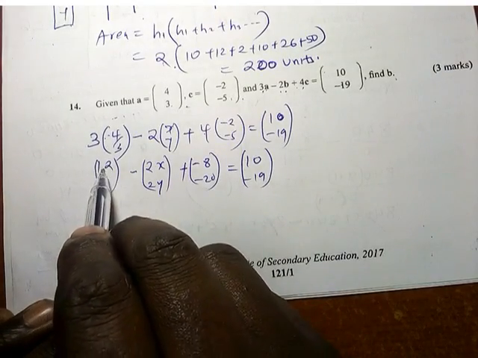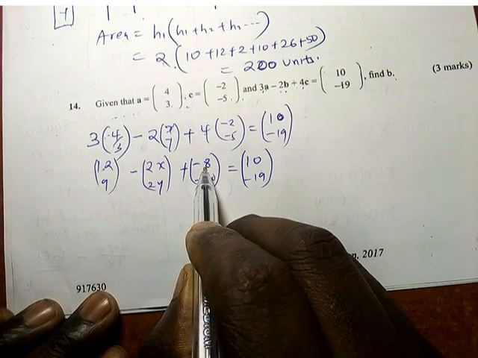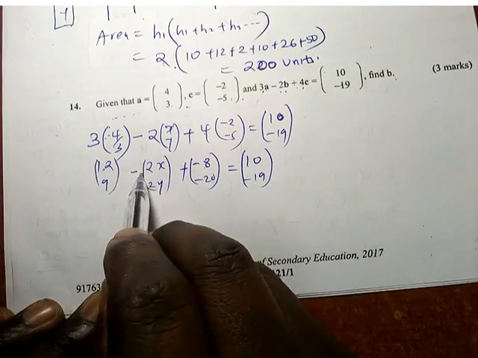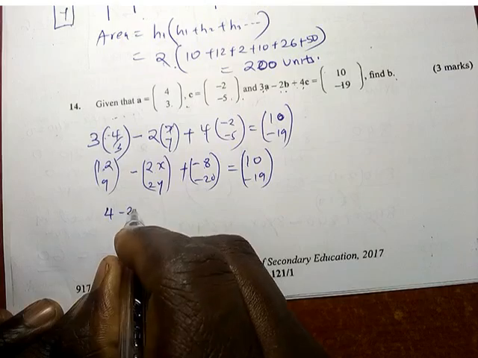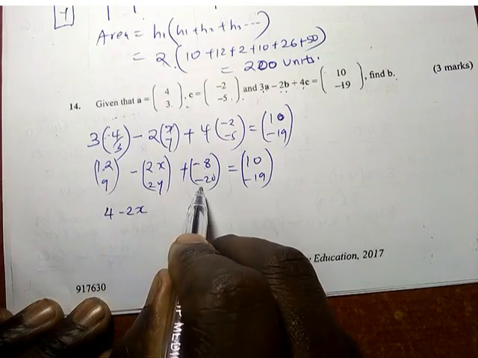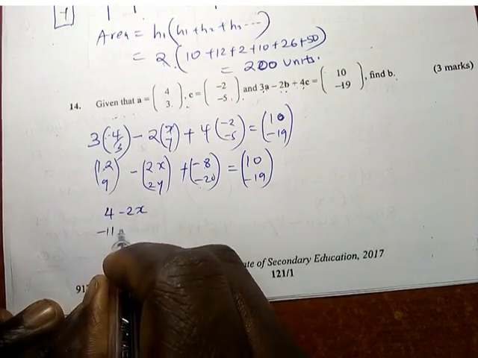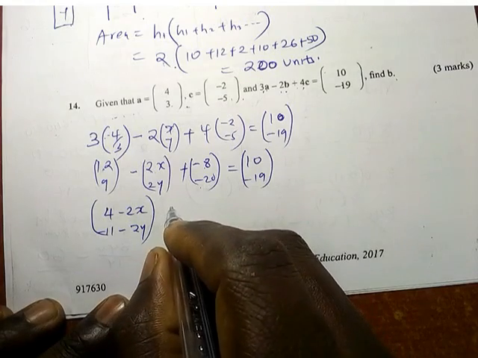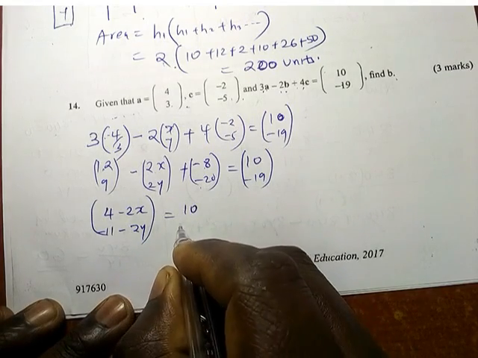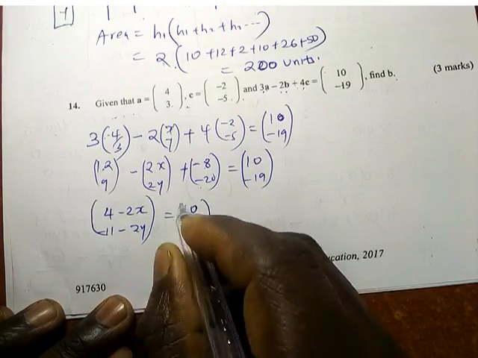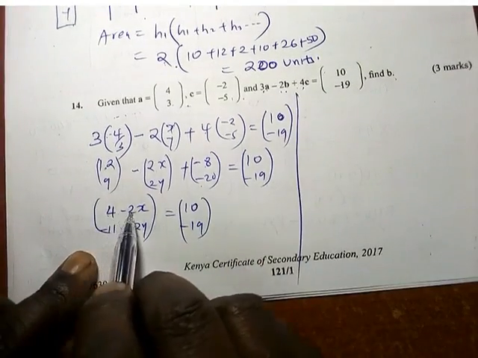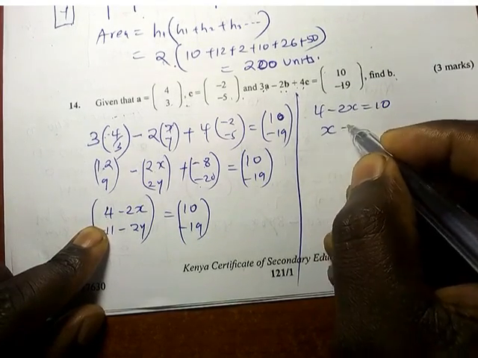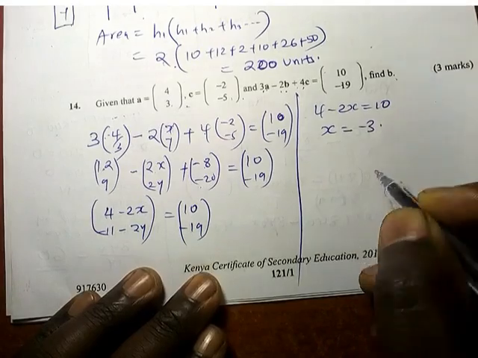So 12 minus 8 is 4. 4 minus 2x. 9 minus, this is negative 11. Negative 11 minus 2y is equal to 10, negative 19. So we take the top one, 4 minus 2x is equal to 10, and the value of x is going to be negative 3.